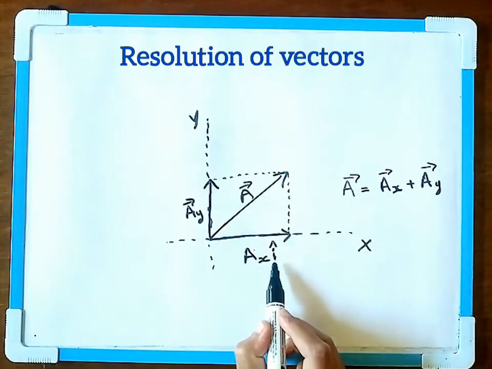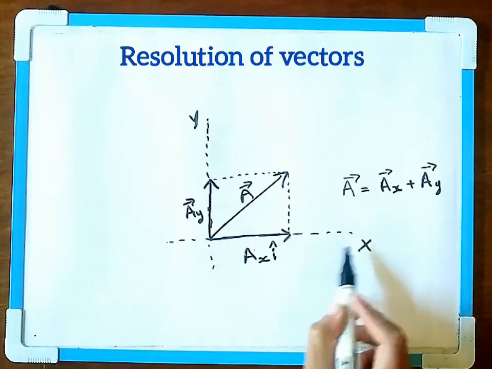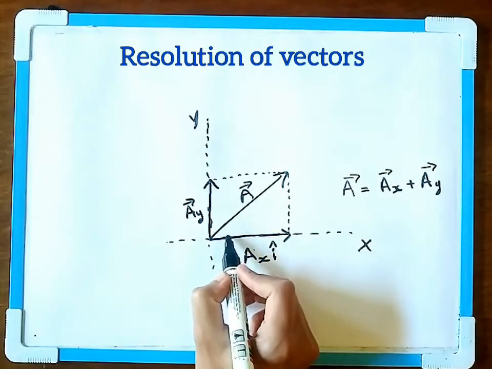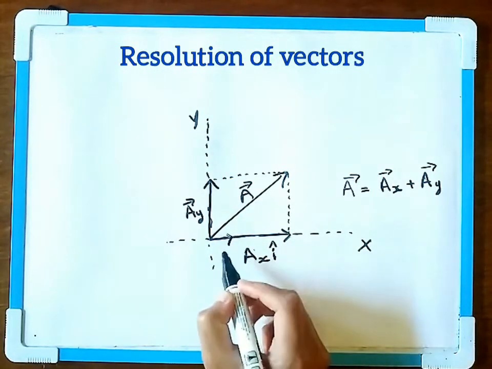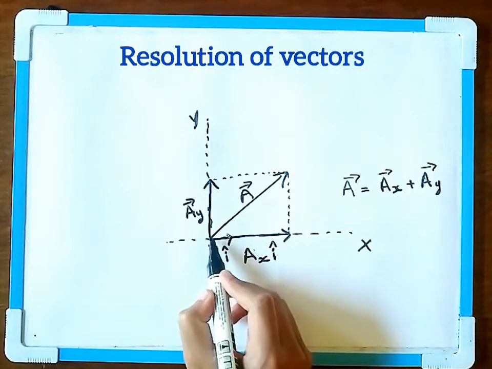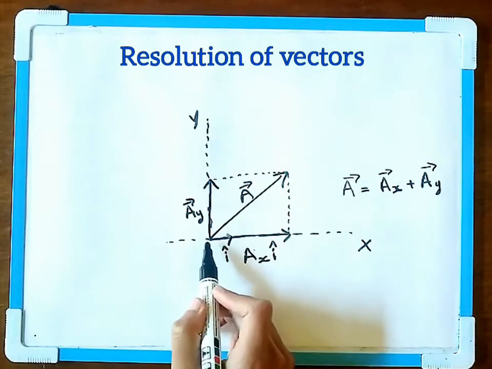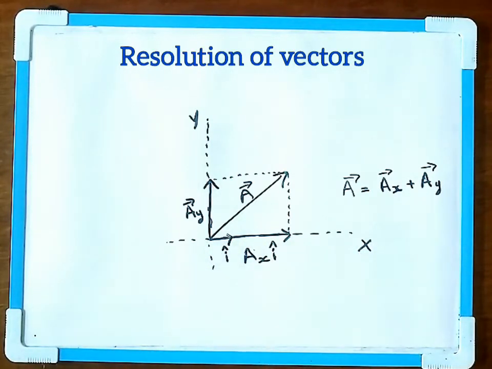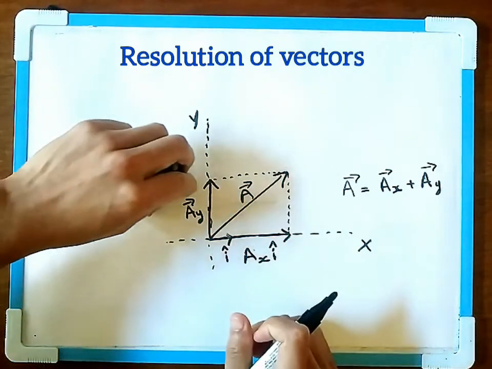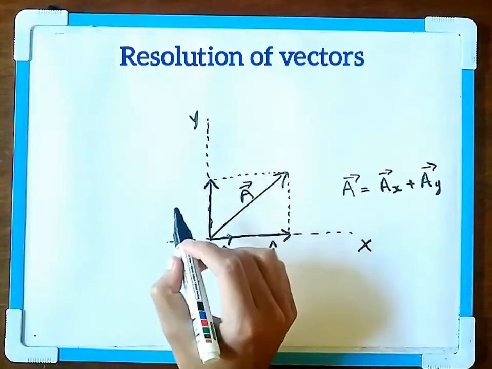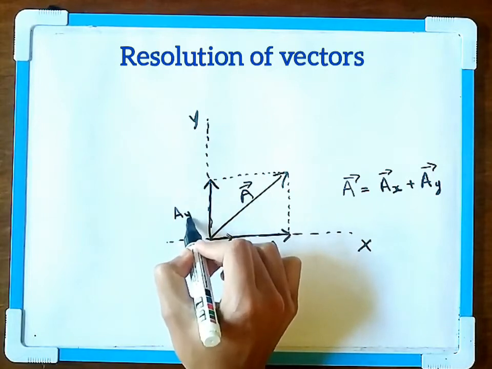Now we use this I cap to denote a unit vector along the x-axis. So this I cap is always in the direction of the x-axis. So this is your I cap, that is a unit vector in the direction of the x-axis. Similarly with your AY vector, instead of AY vector, I'll write the magnitude AY and the direction.